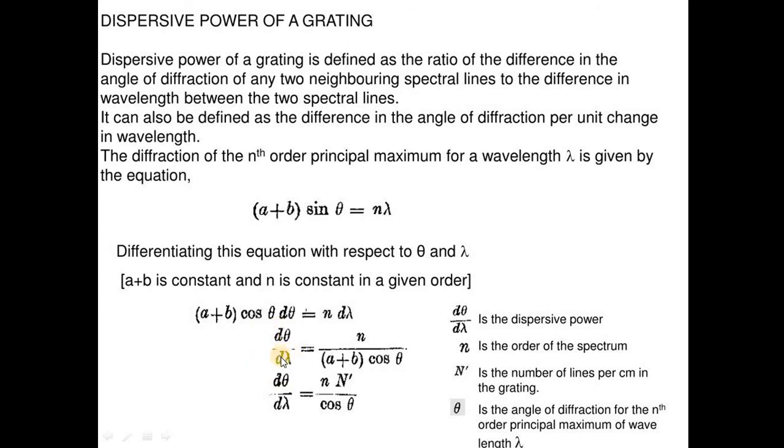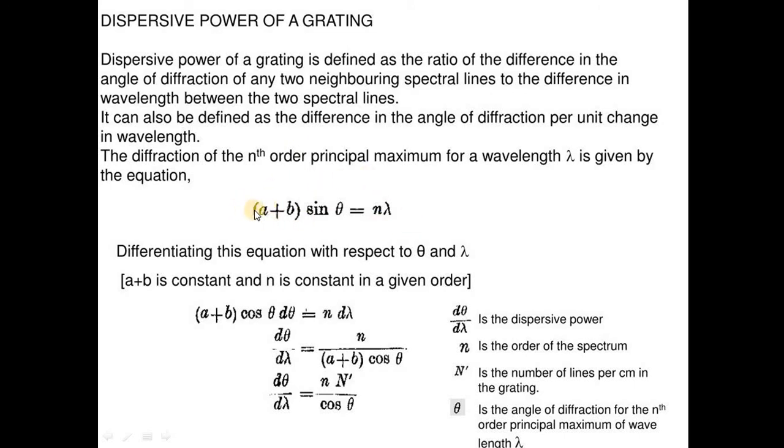It is the capacity of an optical element or optical instrument to disperse the light. So we'll check how you get the equation for the dispersive power of a grating.